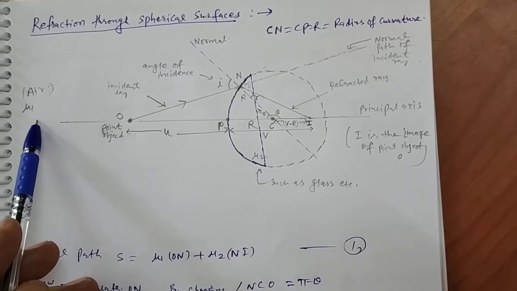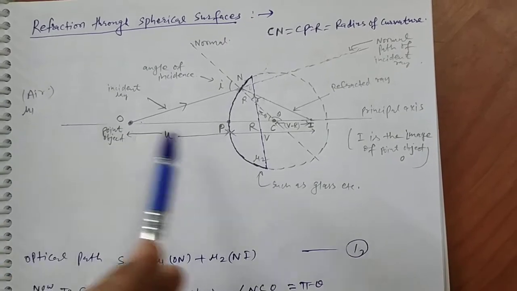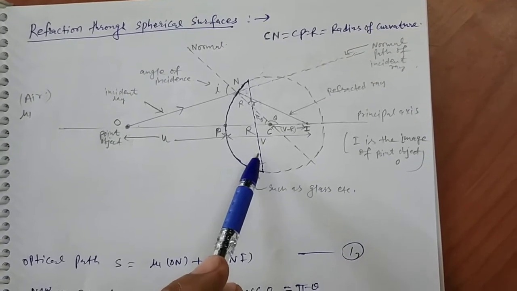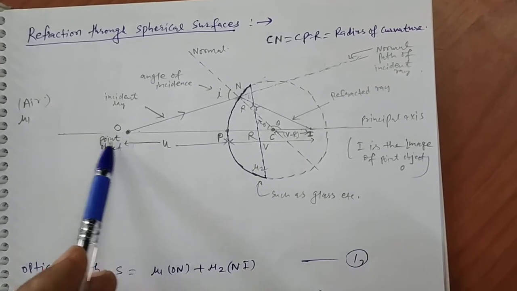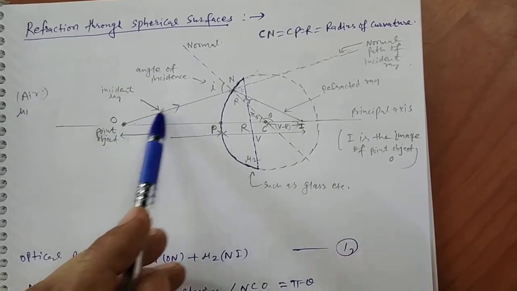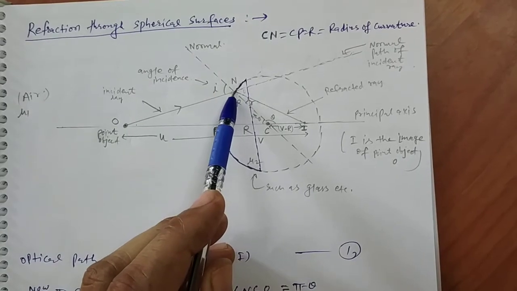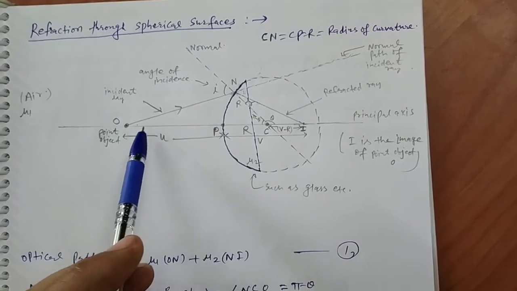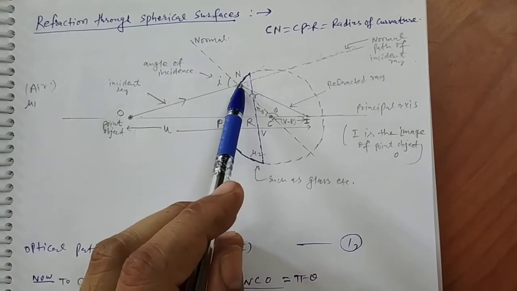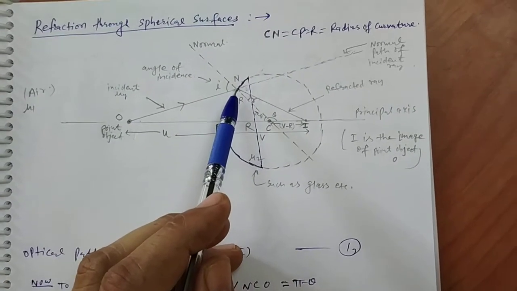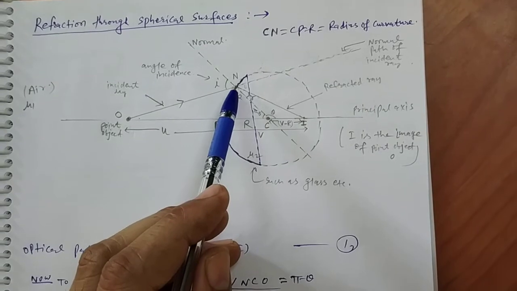Say the refractive index of air is mu1 and that of the sphere is mu2. So if this is a point object, these are incident rays. Here there are millions of incident rays, but we consider that incident ray for which the path is extremum.